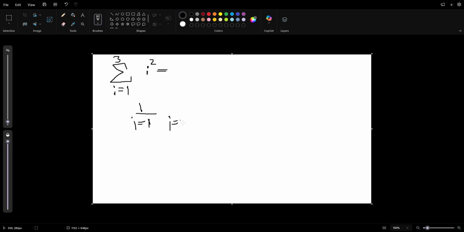When i equals 2, i squared is 4. When i equals 3, i squared is 9. Now we just add these up. 1 plus 4 is 5, plus 9 is just 14.